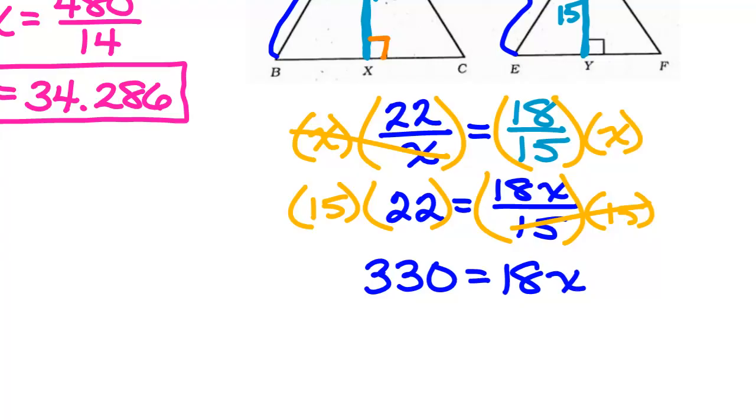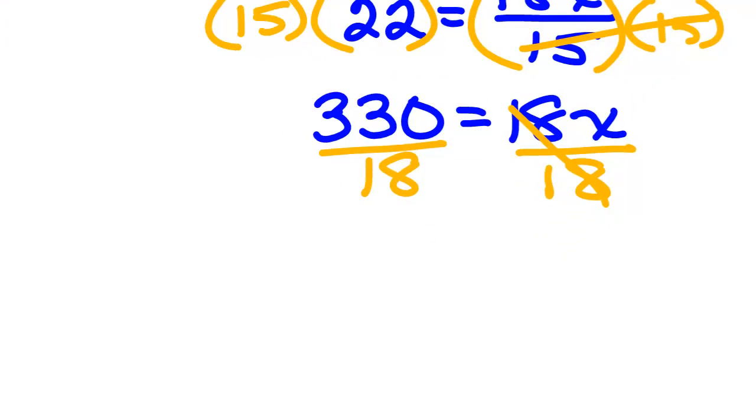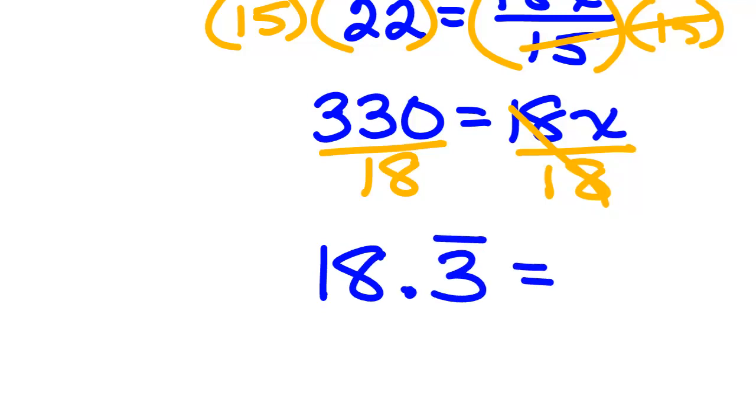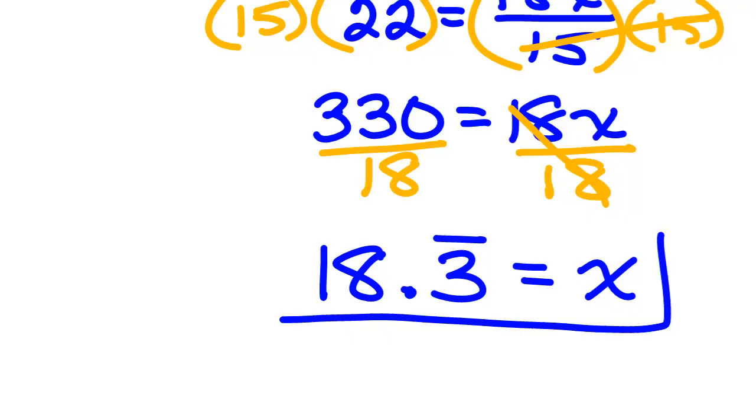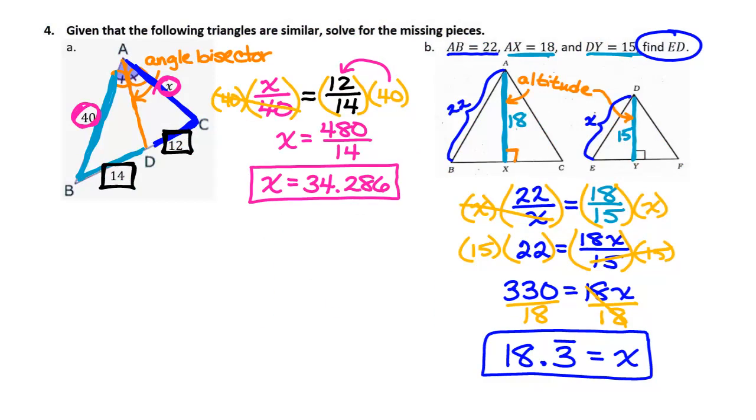And then the last thing I need to do is to divide both sides by 18. Does it come out nice and whole numbery? No, that's okay. What did we get? 18.3 repeating is equal to x. Nicely done.